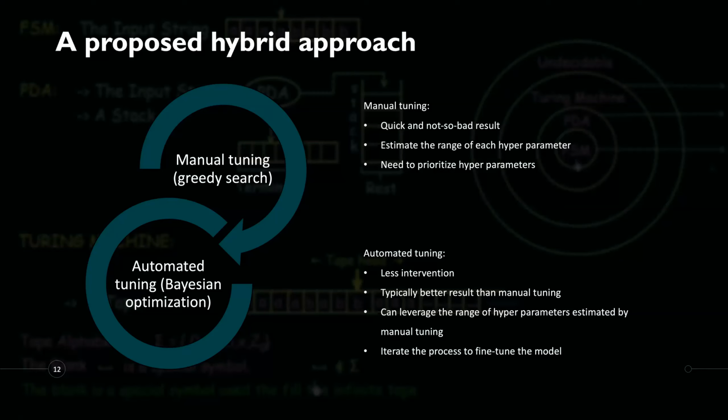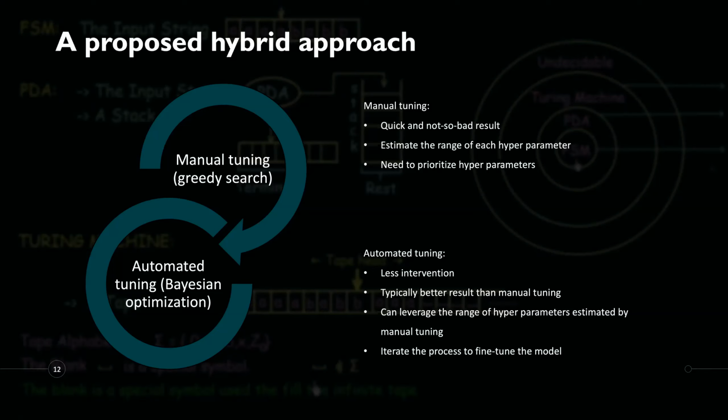This gives me a good understanding of the possible range for each hyperparameter. Even by doing grid search instead of Bayesian optimization, manual tuning with grid search typically gives me a decent result, which is not the best, but definitely not the worst. Most of the time, it's an acceptable result.